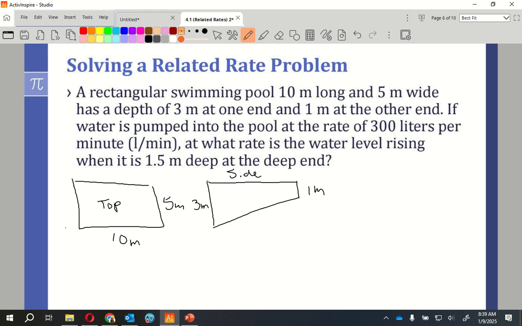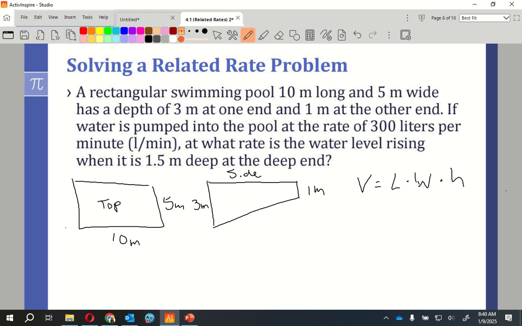Now, the volume of a pool, if it was a perfect rectangular pool and all of it was uniform depth, I would do the volume by saying length times width times height. That would be the regular cube.